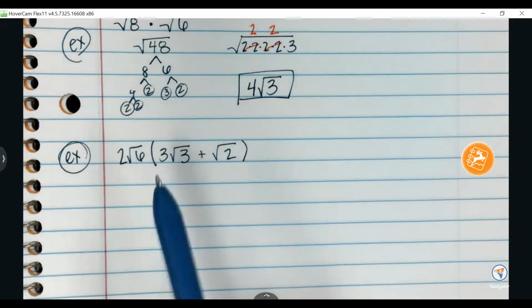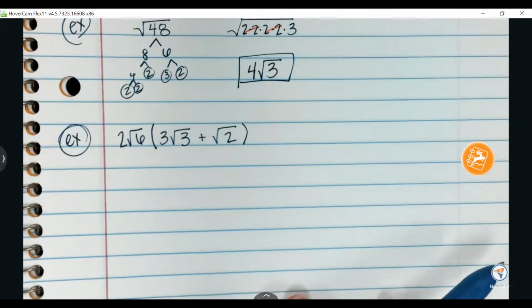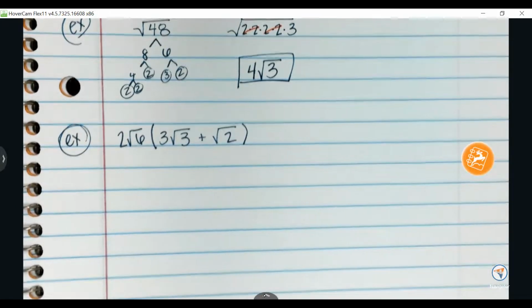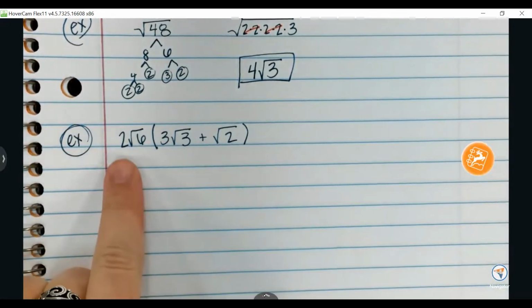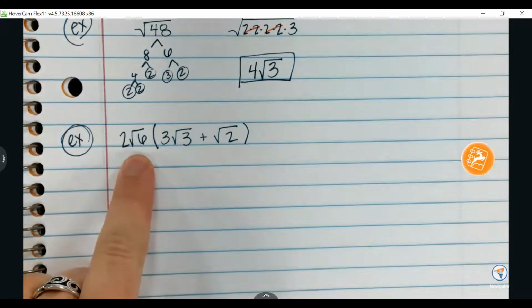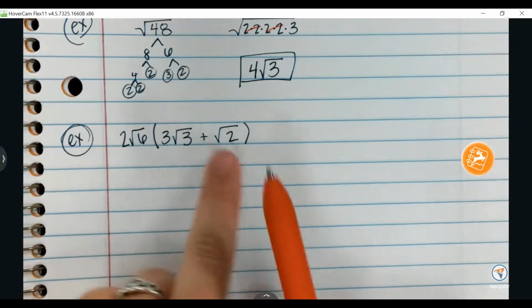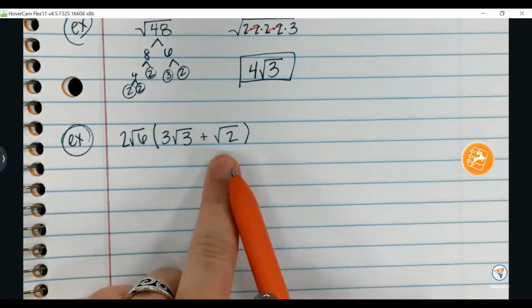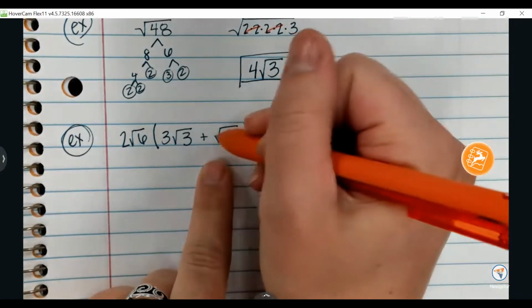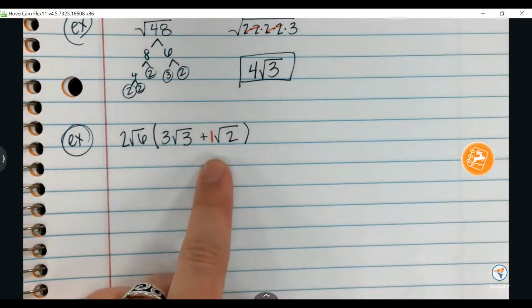Now here's where I'm telling you you're going to have to keep it nice and neat. Everything needs an inside, everything needs an outside. So let's start there. Do we have an outside and an inside? Yes. Do we have an outside? We do. What is it? Then write it so your brain sees it.